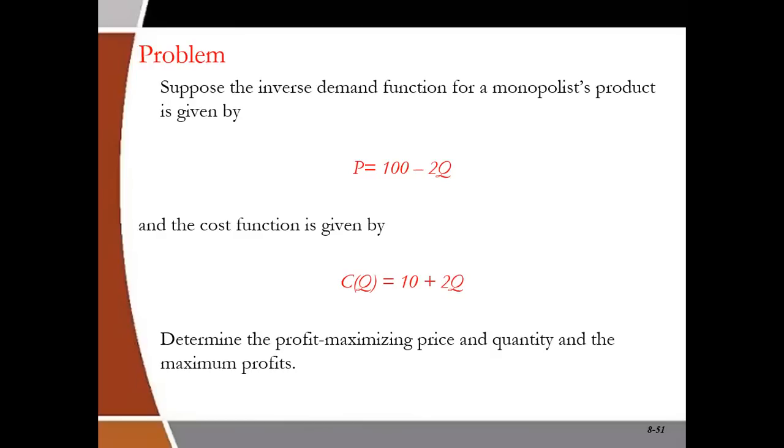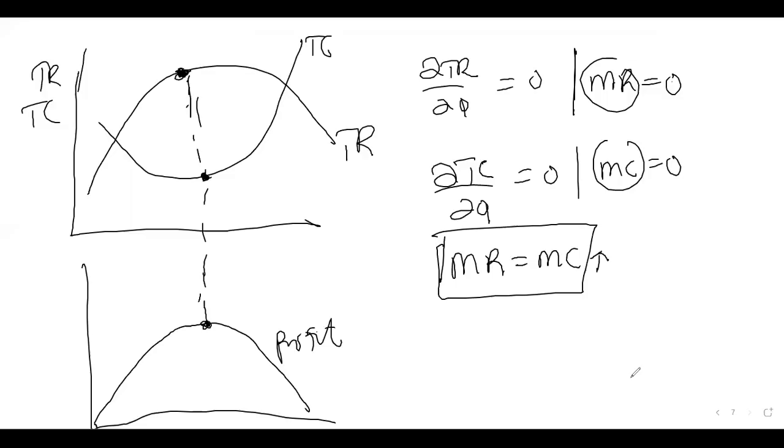Suppose the price is 100 minus 2K, and then the total cost is 10 plus 2K. Determine the profit maximizing price and quantity, and then the maximum profit. Okay. Now, for a monopolist, the condition to know the profit maximizing quantity is when marginal revenue is equal to marginal cost.